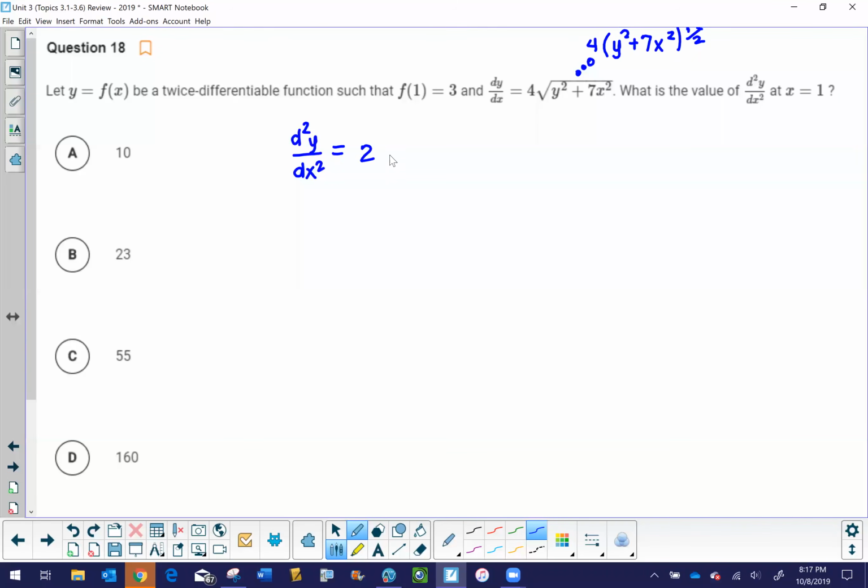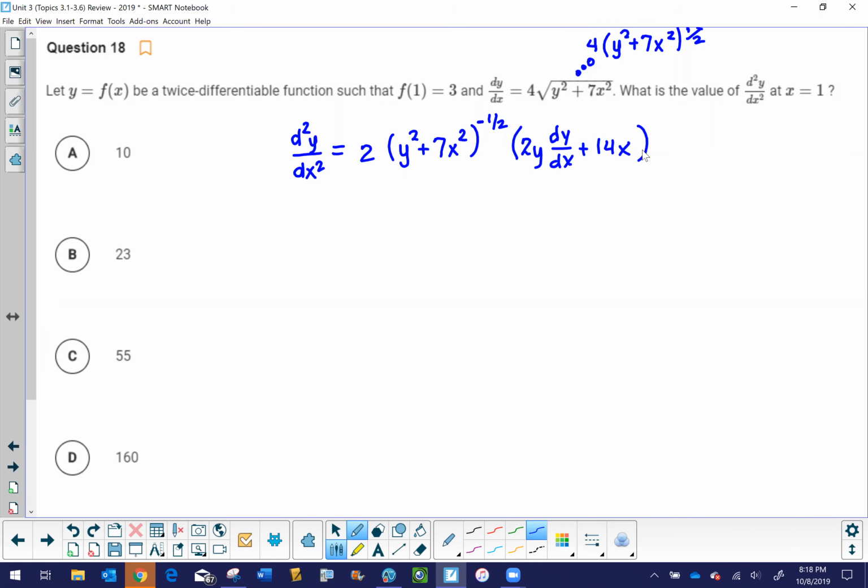There's our 2. The quantity y squared plus 7x squared sticks around. We lessen the power by 1, to negative 1/2, and then we multiply by the derivative of what's inside the parentheses. That would be 2y times our dy/dx plus our 14x at the end. Okay? So that is a correct second derivative.